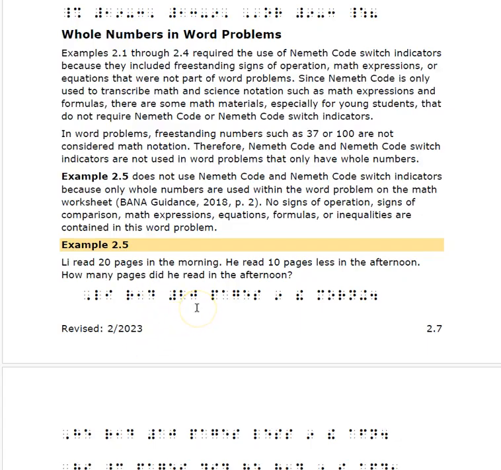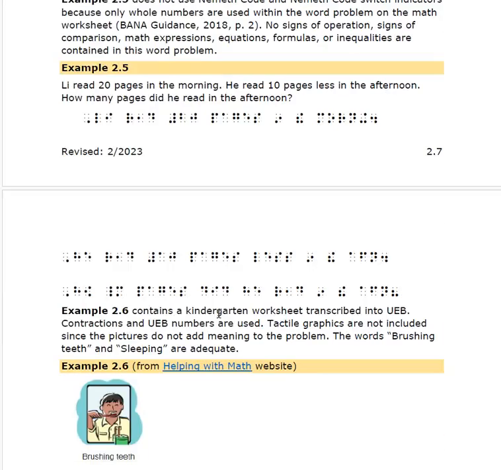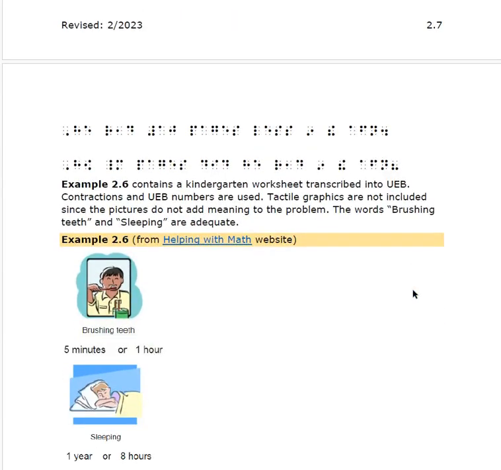You get to use UEB. Woohoo! We don't have to switch to Nemeth. Okay? So we have Lee read 20. 20 is written in UEB math. Yay. Same thing for 10, wherever that fell. And here. So that's that.